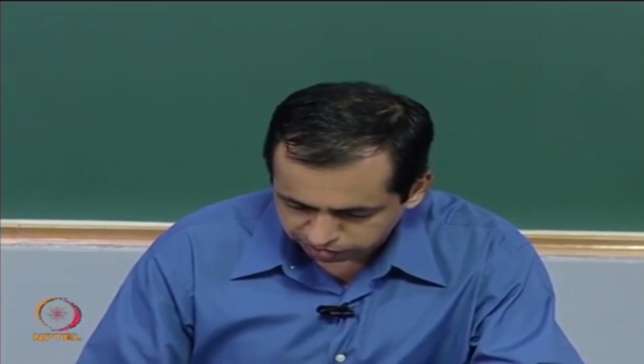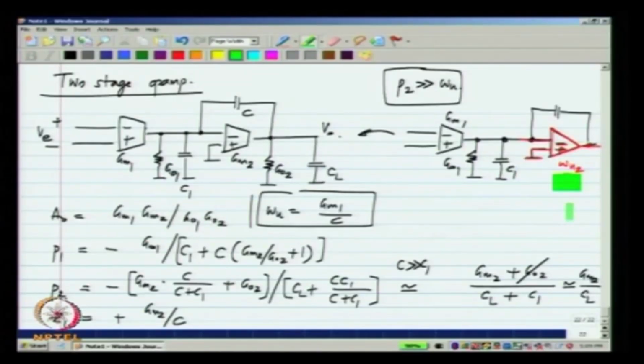Above the unity loop gain frequency, the loop gain becomes very small and clearly the feedback loop does not function as desired. Now, what does it mean? The unity loop gain frequency of the second feedback loop turns out to be omega u 2 itself. So, omega u 2 has to be sufficiently larger than the frequencies of interest. Now, what is the frequency of interest? We can consider omega u itself to be the frequency of interest.